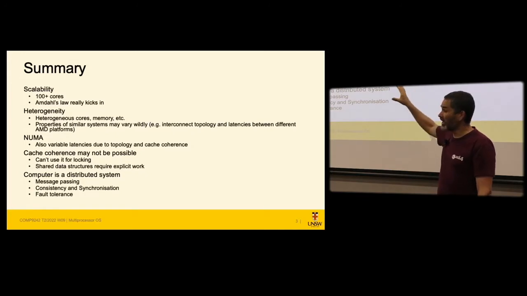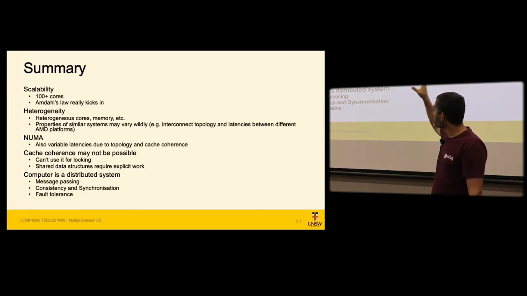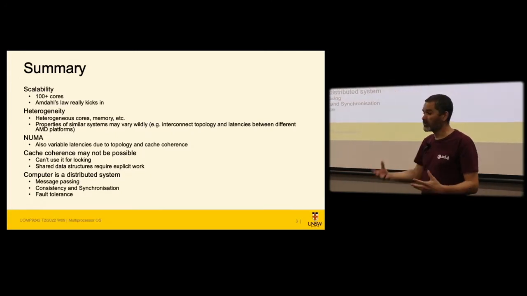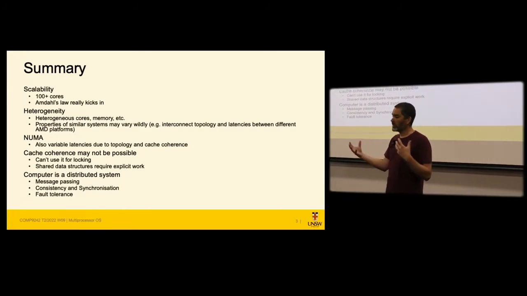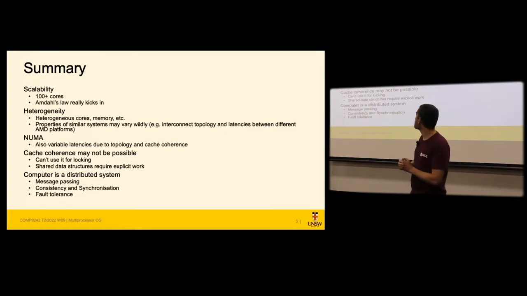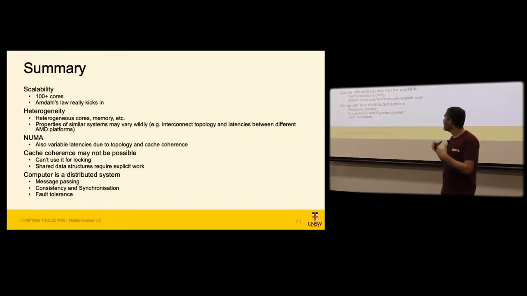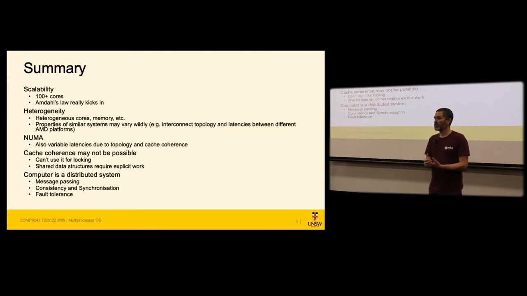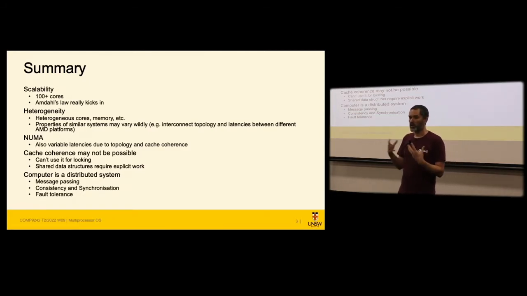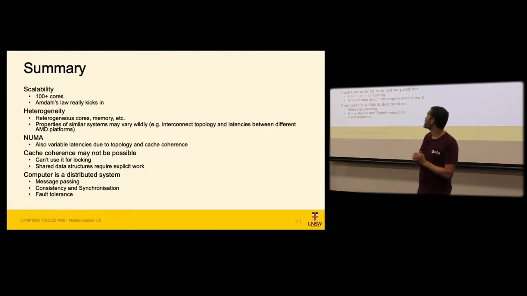We get heterogeneity as well. Not only do we get different kinds of cores all on the system together, we have different kinds of memories all on the system together, and so on. We also have heterogeneity of things like interconnects, so the connection between two pairs of cores may be very different. So you need to know what your system looks like to understand what the interconnects are and how that works.